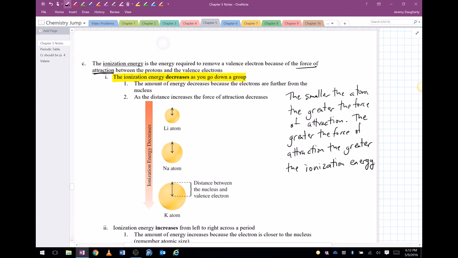Why? Well, because the atom's getting bigger. Since the atom's getting bigger, the electron is getting further and further away from the nucleus. So you can see that here, lithium, sodium, potassium, bigger distance, right? Think back to Coulomb's law. Q1, Q2, we're talking about electron and proton here, so opposite charges, so they attract. R squared, as this distance gets bigger, this force of attraction gets smaller.